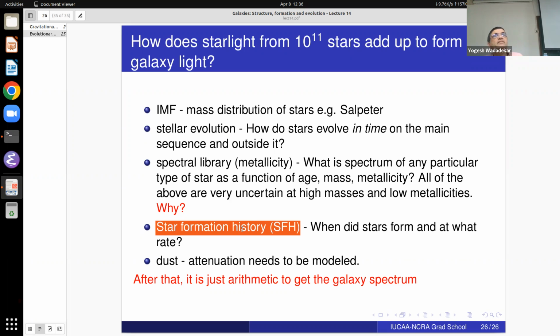Even if they had 10⁻⁴ high mass stars, the spectrum would have looked different. So from this total integrated spectrum, we can rule out the possibility of having even a few high mass stars. So from the spectrum is essentially how we can tell this.